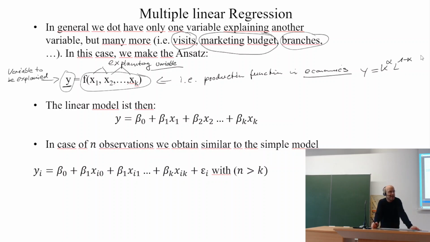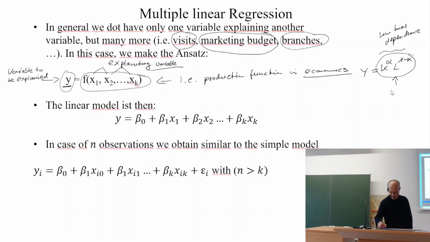And in this case, we have a nonlinear dependence. Very often you will model dependencies between variables in a nonlinear way in economics. But what you find is quite often a function like this.